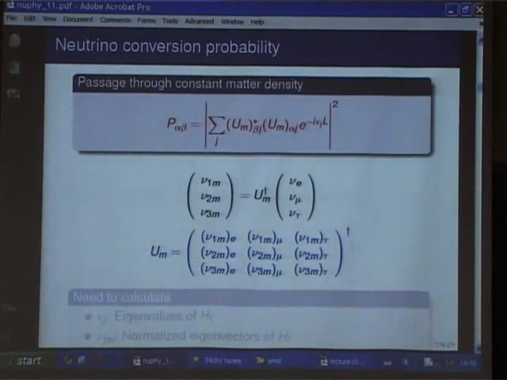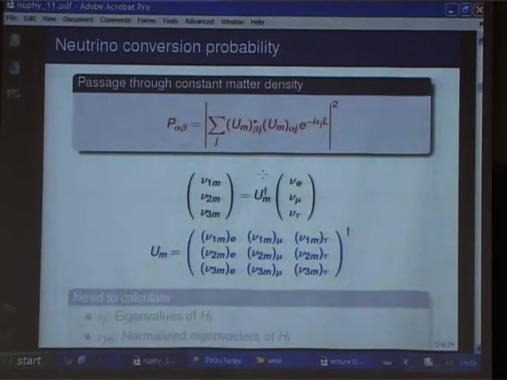This will be Um dagger. This clear? I'm sure people have seen this. However, what needs to be taken care of is that mu1m, mu2m and mu3m should be normalized eigenvectors. Essentially they are normalized because we want this U to be unitary.